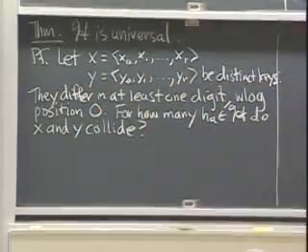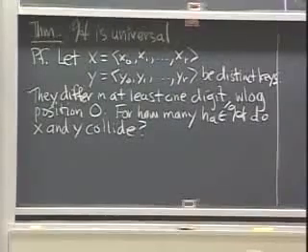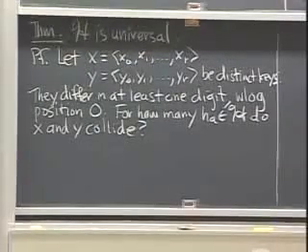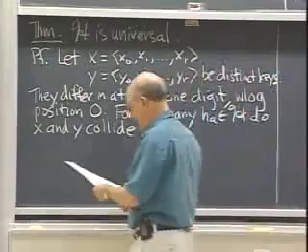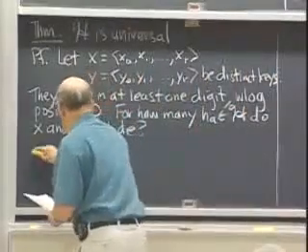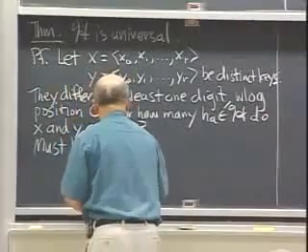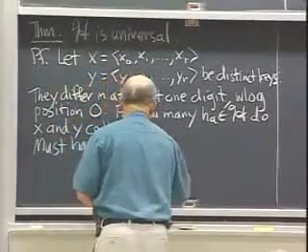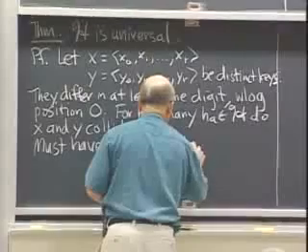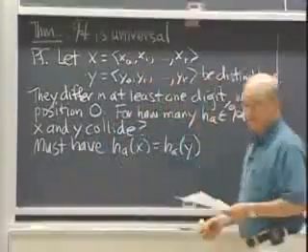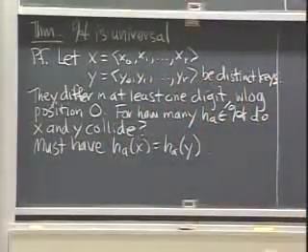So how often do they collide? And this is where we're going to pull out some heavy-duty number theory. So if they collide, we must have that h sub a of x is equal to h sub a of y. That's what it means for them to collide.